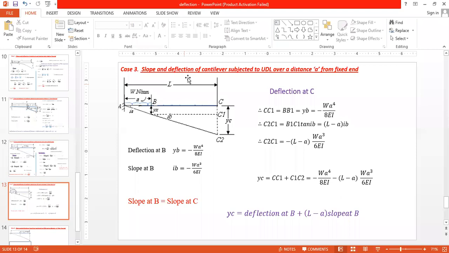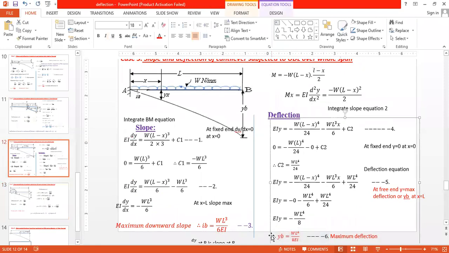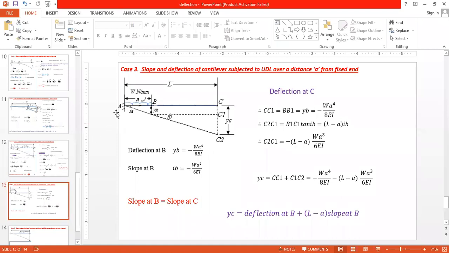Now when we consider this distance a as the end, you will get the deflection at b, yb equal to minus w a raised to 4 divided by 8 EI. It is the same as the last case. You can see this one, your deflection equation, yb is equal to w L raised to 4 divided by 8 EI. In this case your distance is a, therefore it becomes minus w a raised to 4 divided by 8 EI.